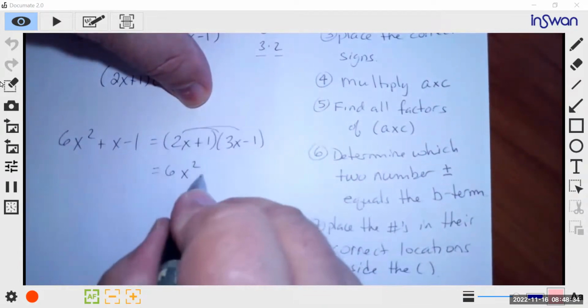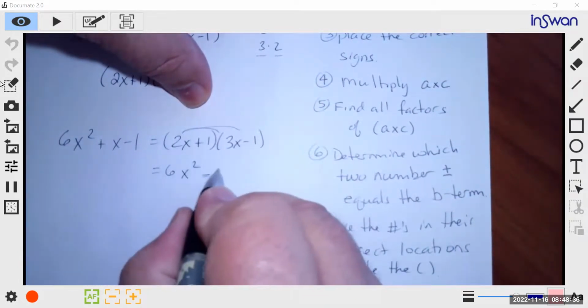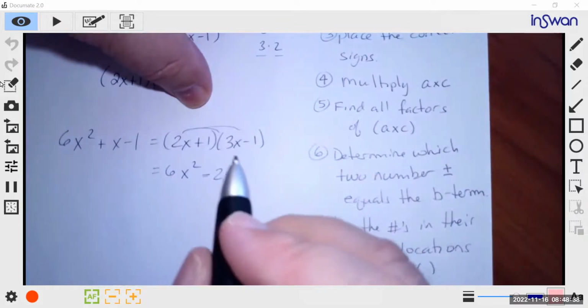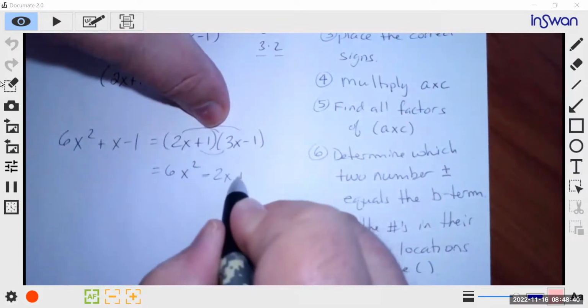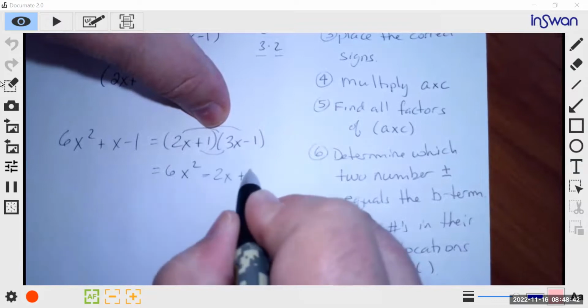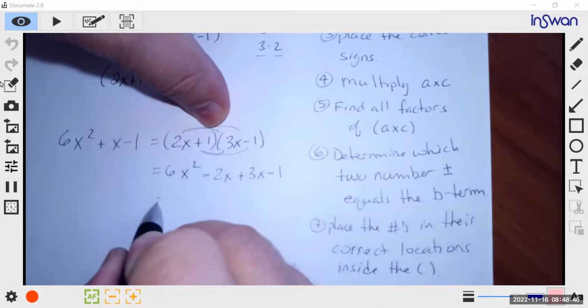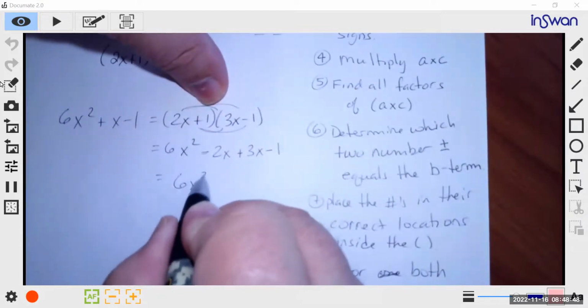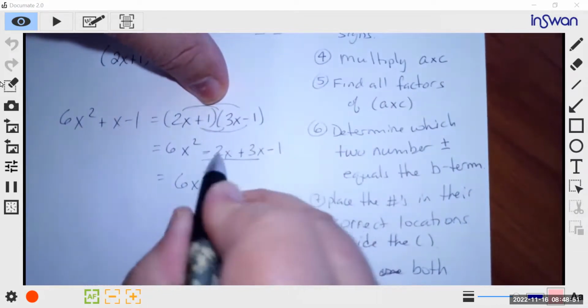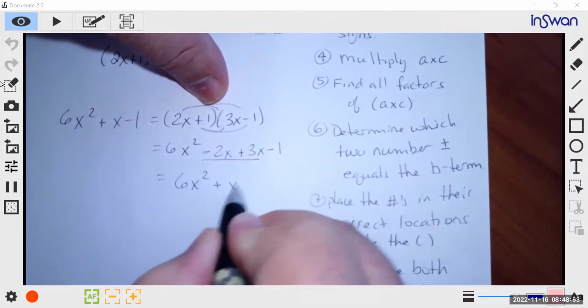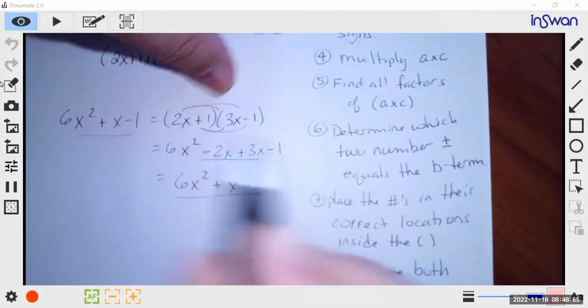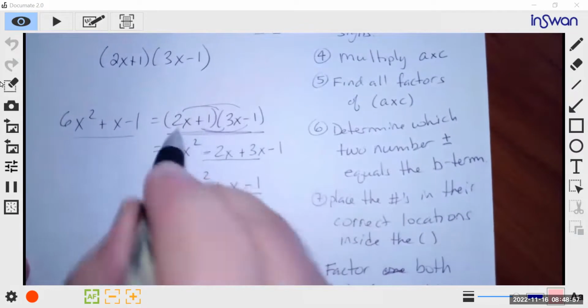Positive times negative is negative. 2x times 1 is 2x. Positive, positive is positive. 3 times 1 is 3x. Negative 1. 3 minus 2 is 1x. And they did work. So that's my factor.